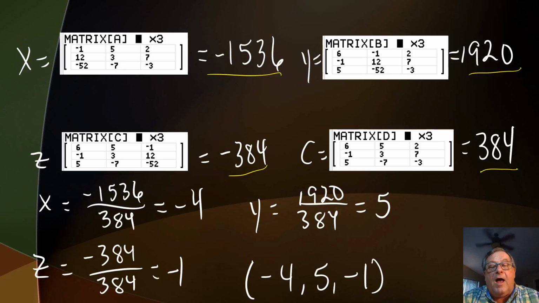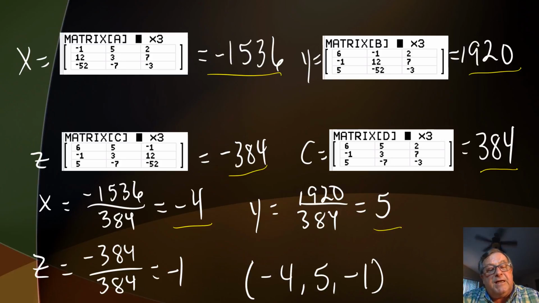So in order to find the x, y, and z value, I take the determinant of the x matrix, negative 1536, divide it by 384, and we get negative 4. I take for the y variable, the determinant of the matrix that I set up for the y value, 1920 divided by 384, which equals 5.